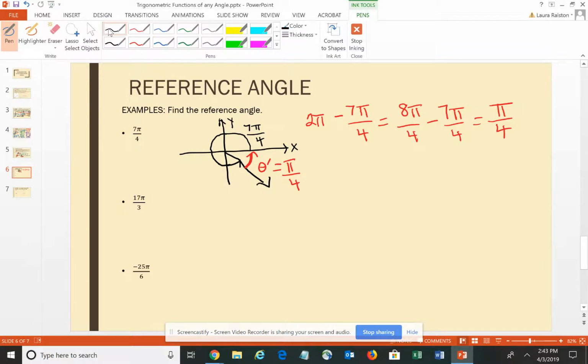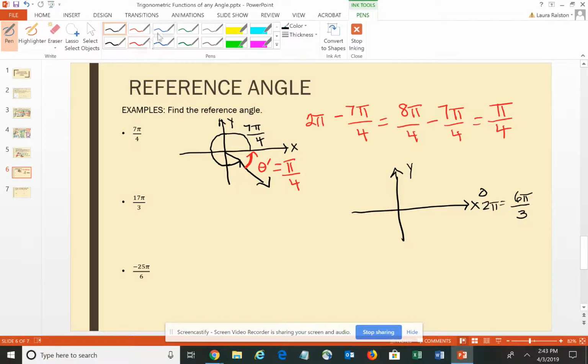All right, negative 17 pi thirds. Let's see. I'll go off over here to this side and draw this one. If we think about it in terms of thirds, I would start at 0, and a full revolution is 2 pi, which would be 6 pi thirds.